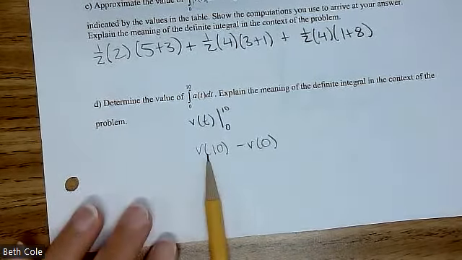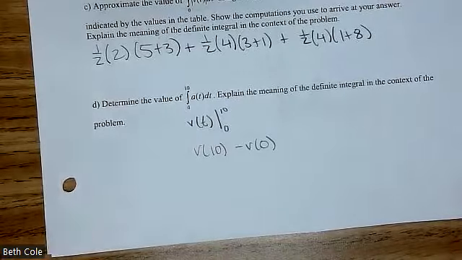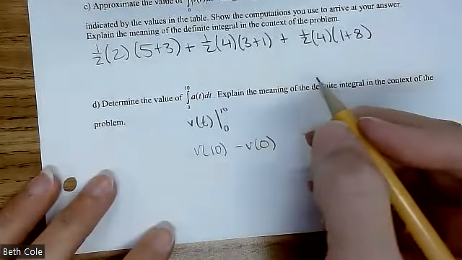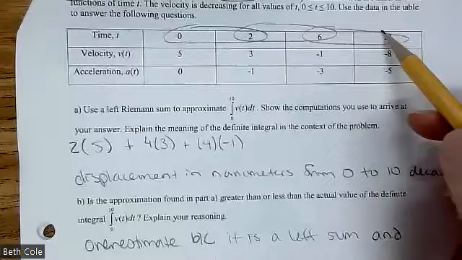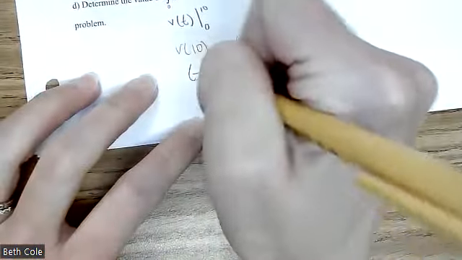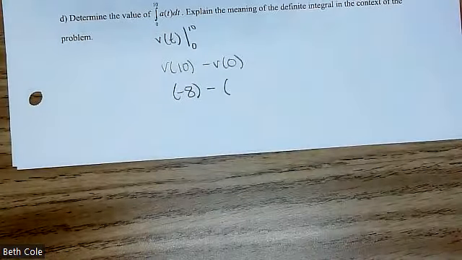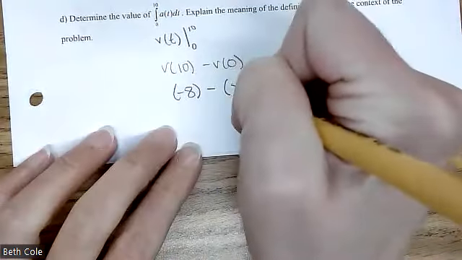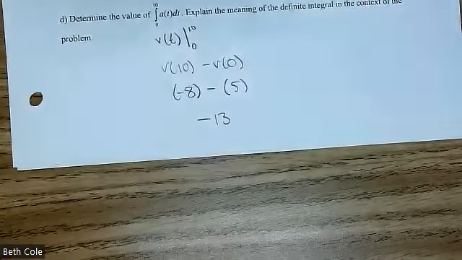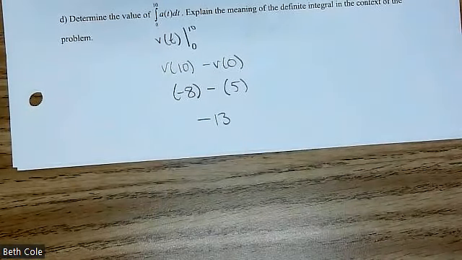So what's V of 10? What was that on the table? V of 10, -8, minus, and then what was V of 0? 5. So that would be -13. And explain what it means. It's negative.